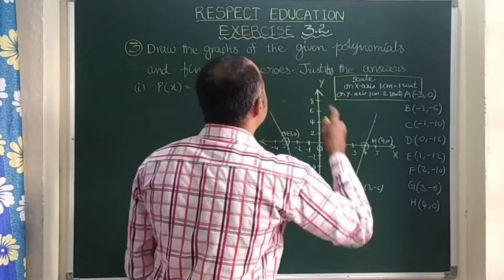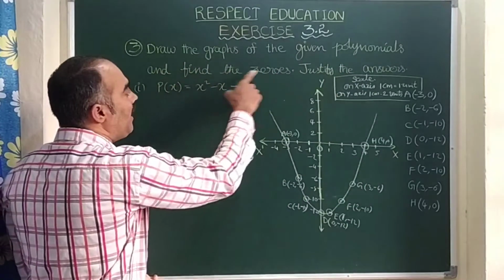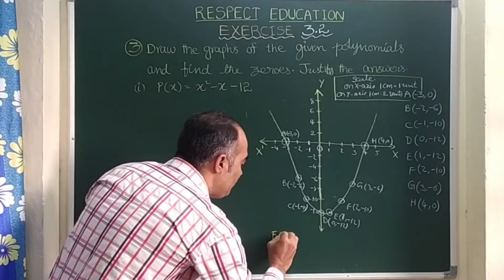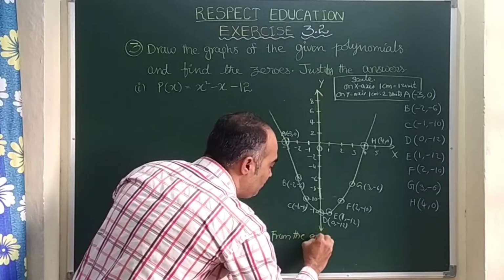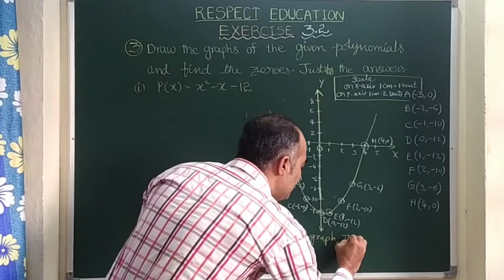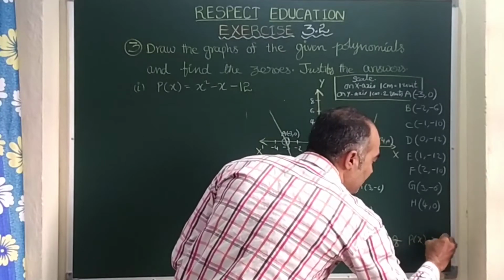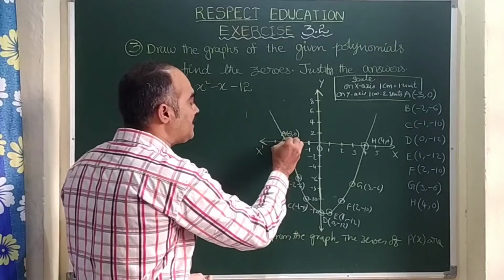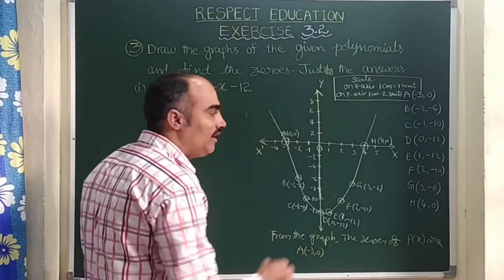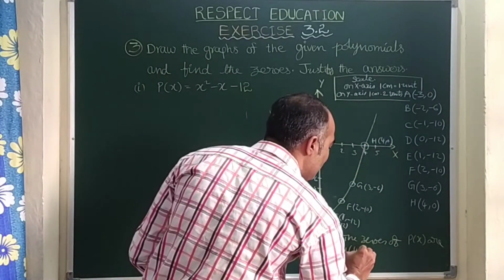And afterwards, now the question is that, see here, draw the graph of the given polynomial. Graph is drawn. Now the question is, find the zeros. Now here let us write the zeros here, children. See, from the graph, the zeros of the polynomial p(x) are, here you see, where it intersects the x-axis, at (-3, 0) and H (4, 0).